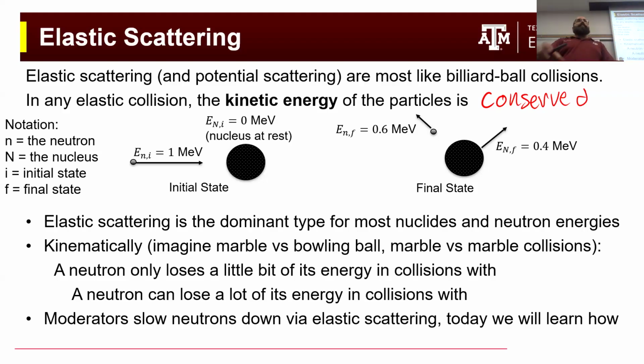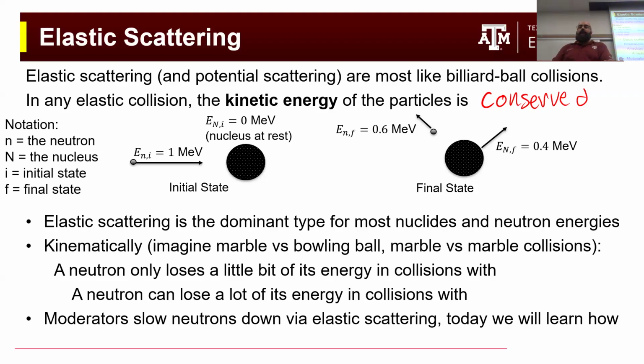In terms of the collision analogy, you can think of the neutron as a marble, and you can think of a large nucleus like lead or uranium as a bowling ball. If you have a marble colliding with a giant bowling ball, well, if that neutron comes in and hits a bowling ball that's at rest, the neutron is basically just going to bounce right off, and the bowling ball is barely going to respond to that collision.